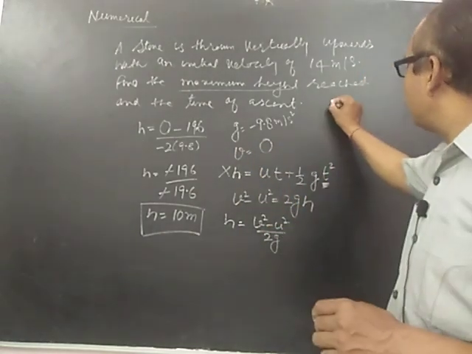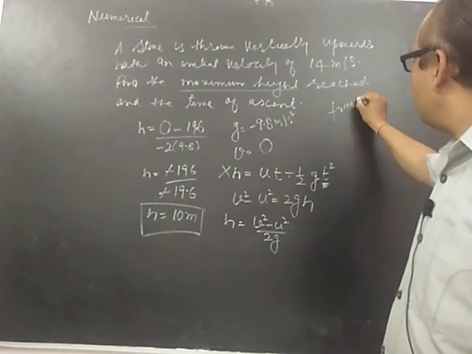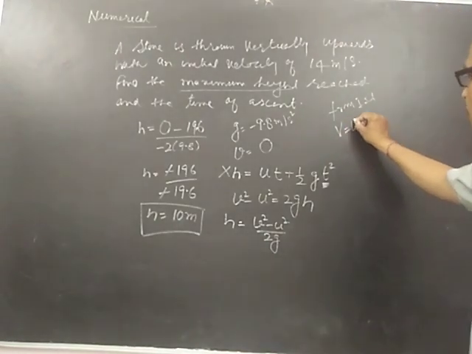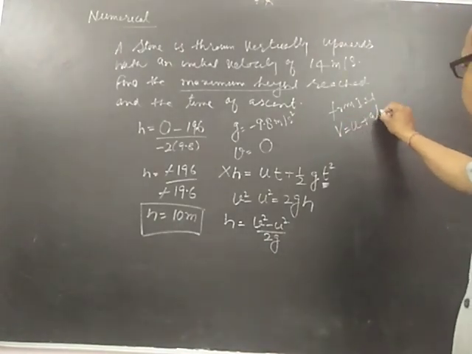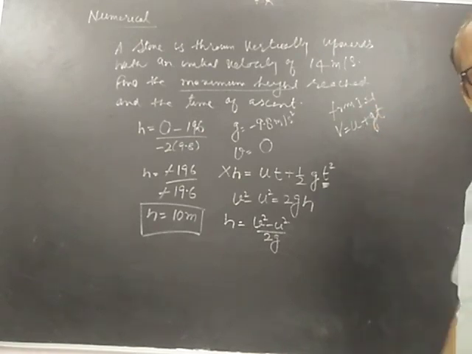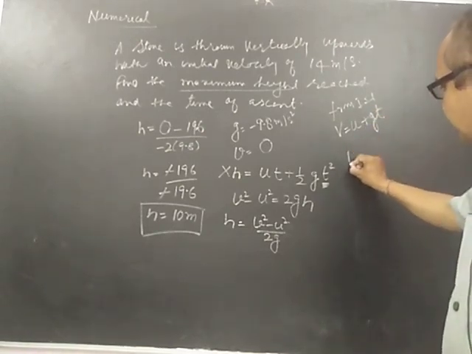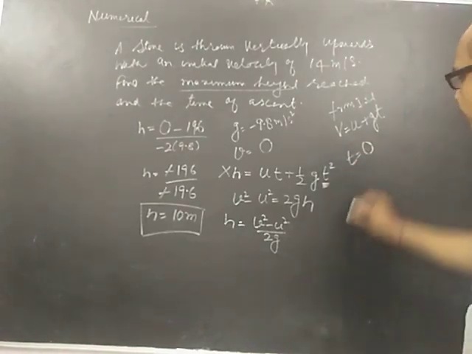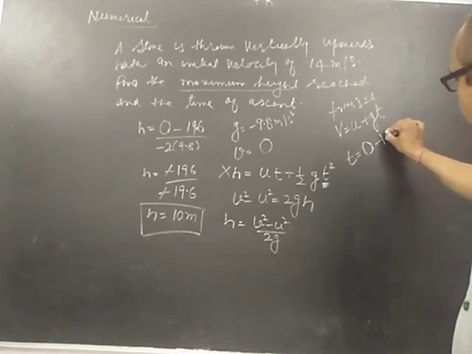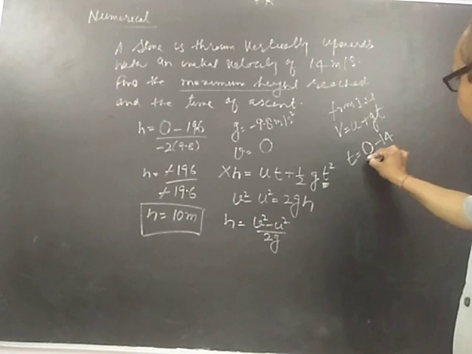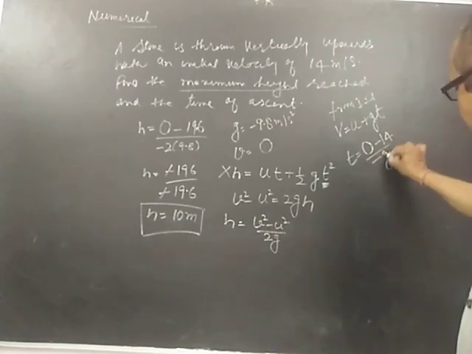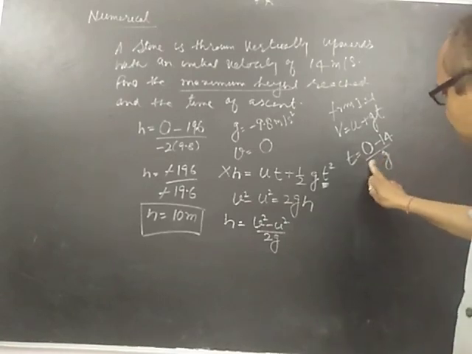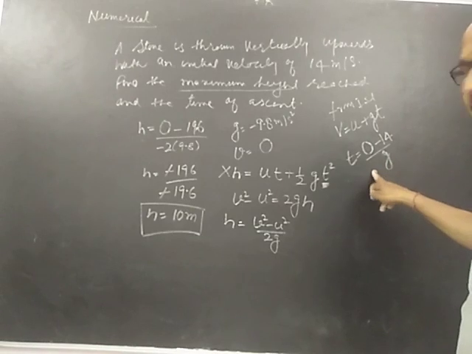So I will take the first equation, v equals u plus at, that means gt. So I can easily get t. So t will be equal to v minus u divided by g. Obviously it will be minus 9.8. This is not g; g will come down as positive only.